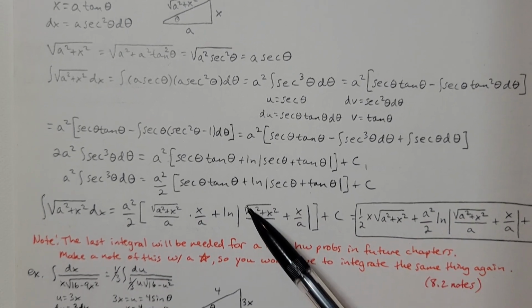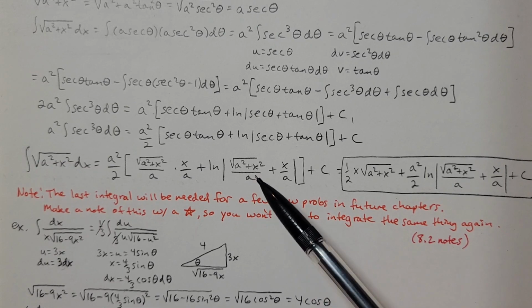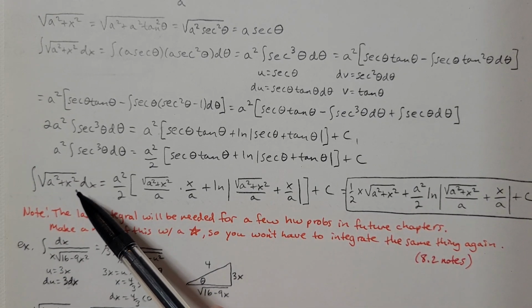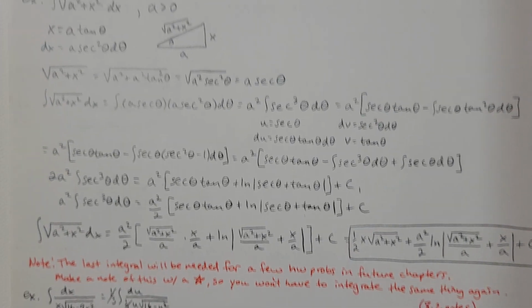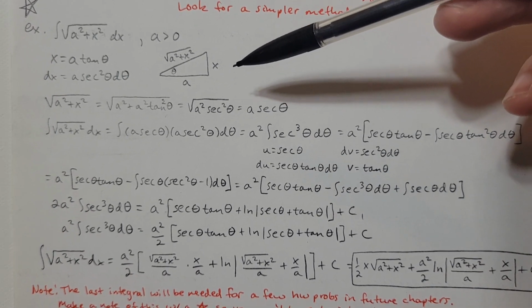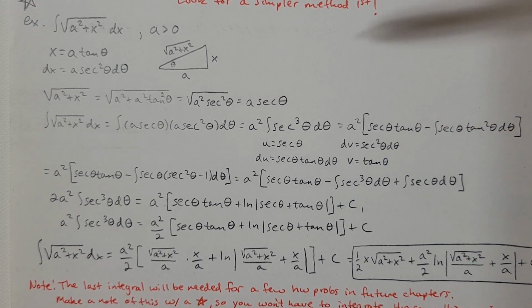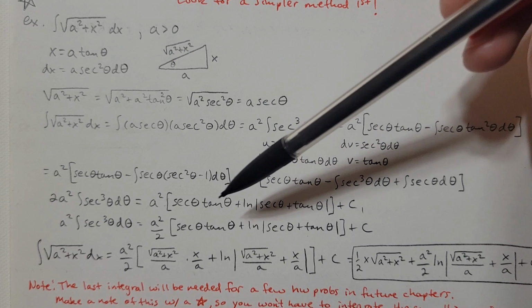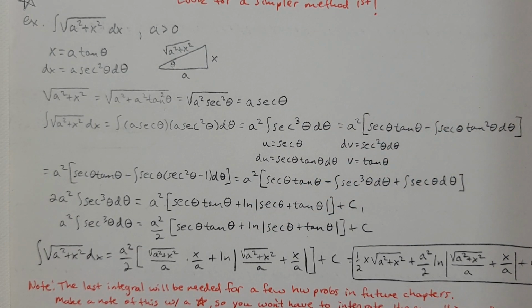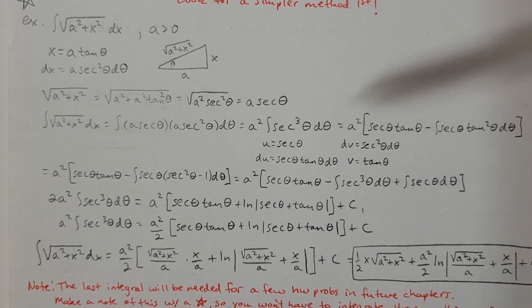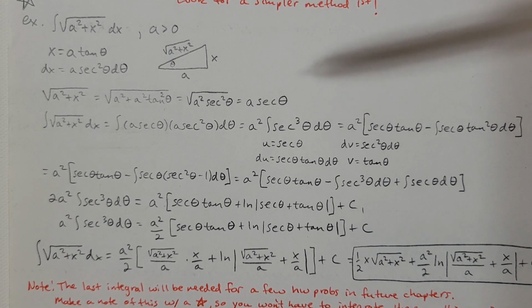Now the last thing I'm going to do is, because my final answer has to involve x, since the original integral involved x, I'm going to refer back to the triangle, which is in terms of theta. Secant theta is hypotenuse over opposite. Excuse me, the hypotenuse over the adjacent side.